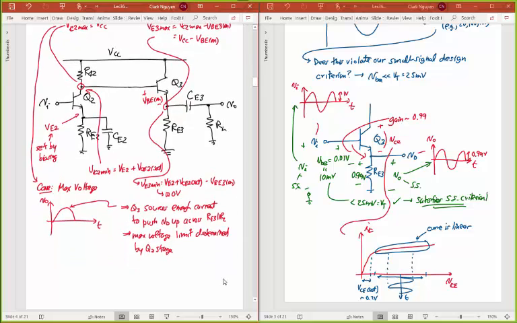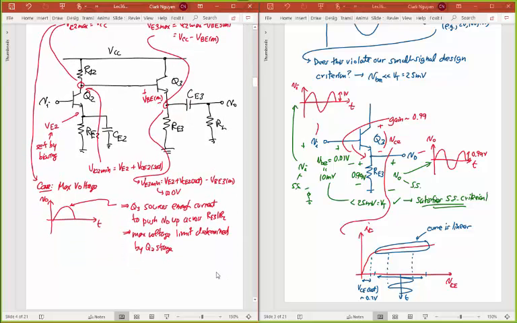And so in the end, I can look at this whole thing and say that therefore V out max, which is the maximum amplitude of voltage you can get, if I complete that, it's going to be equal to VE3 max minus VE3 min divided by 2, where we've written equations now for both of these values here.